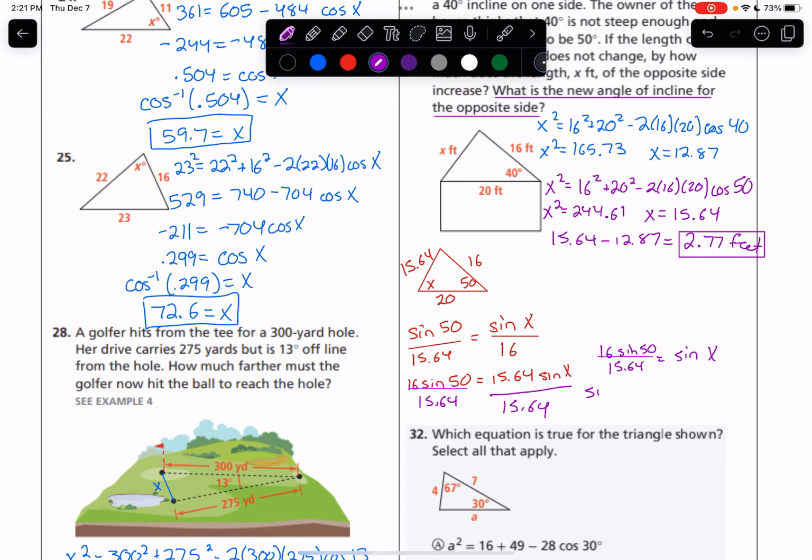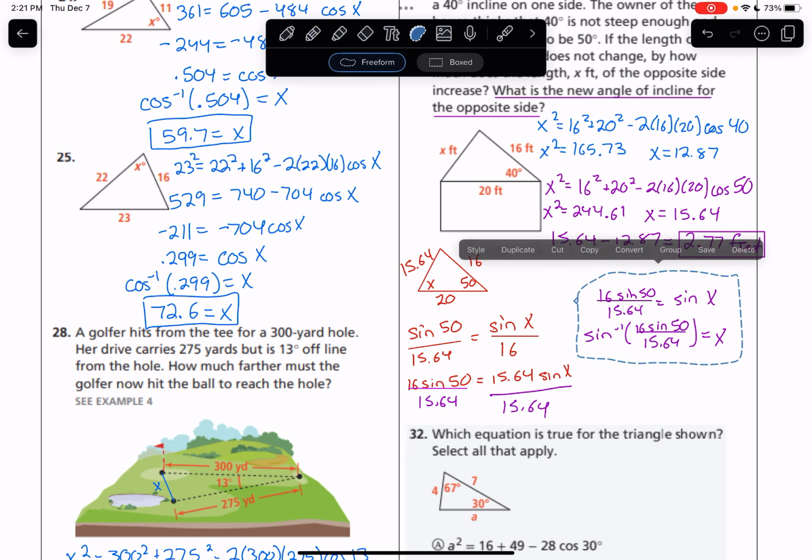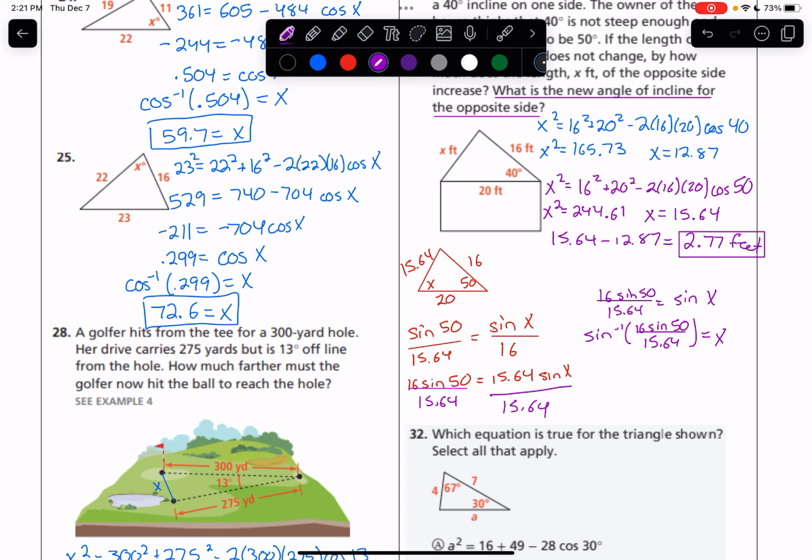So the inverse sine of 16 sine 50 over 15.64 is going to be equal to x. I run out of room, hold on, let me move this up. There we go. So that's going to make x equal to 51.6 degrees.